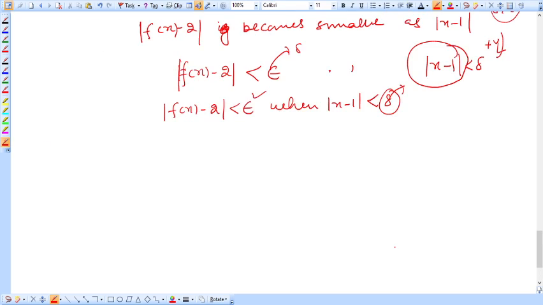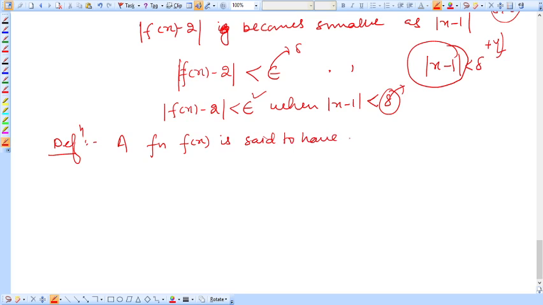So if I write the definition now, it looks like this. A function f of x is said to have limit L, here the limit was 2 so generally it is called L, at x equal to a, or c, whatever you want to write.